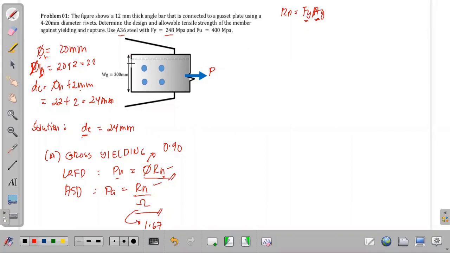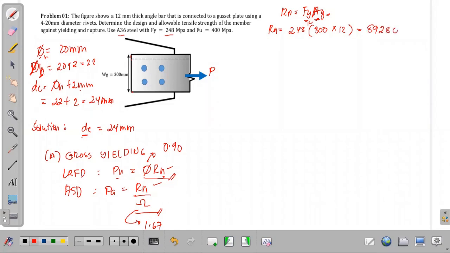Yung gross width, which is 300 times the thickness of the bar. Di ba? So yan yung magiging area gross natin. So ang magiging nominal strength natin for gross yielding is equal to 248 MPa times 300 mm times 12 mm. So ilan ito? Newton mm squared, Newton na lang yung matitira. Okay?